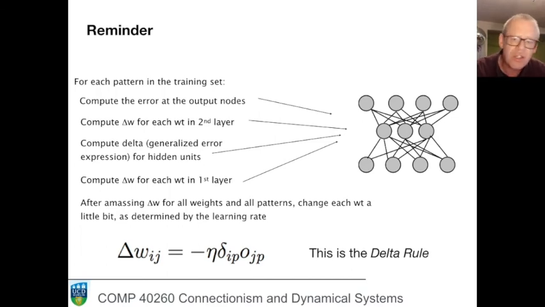So it's only a very small extension of what we've seen already. The problem arose in figuring out this generalized error term. The solution to that problem lies in the partial derivative that we saw.